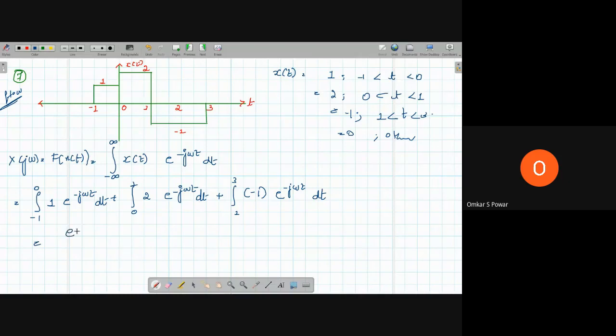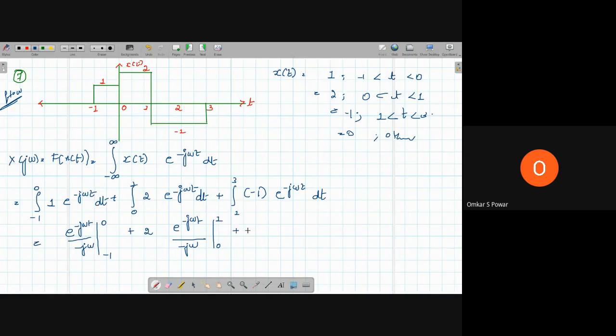What is the integral of e power minus j omega t? It is e power minus j omega t by minus j omega. The limits change from minus 1 to 0. Then 2 into e power minus j omega t divided by minus j omega, the limits change from 0 to 1.